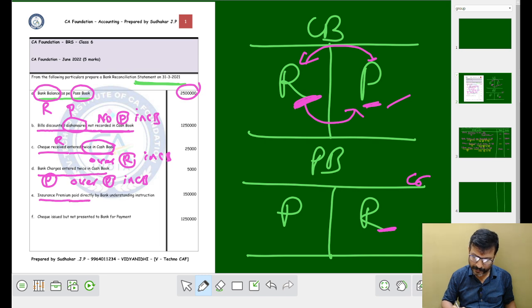Insurance premium paid directly by the bank under the standing instruction. Insurance premium means payment. Paid by the bank means payment in passbook.